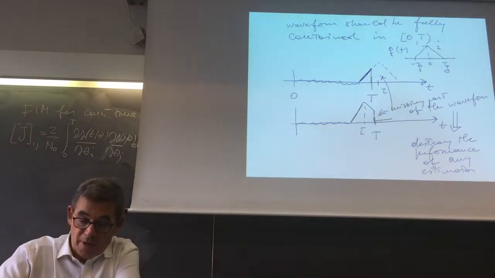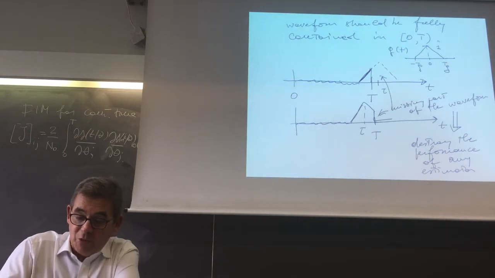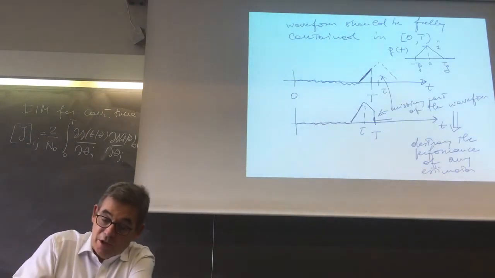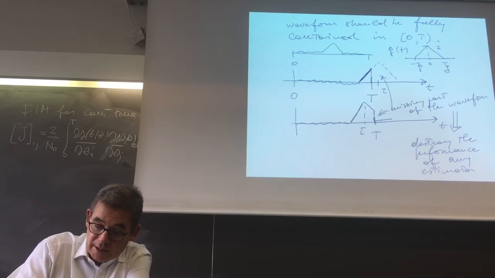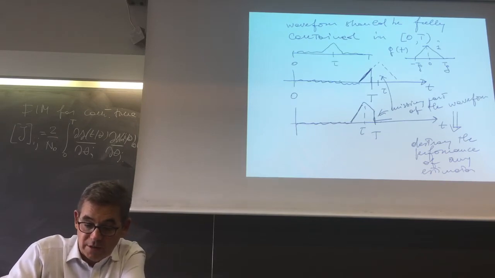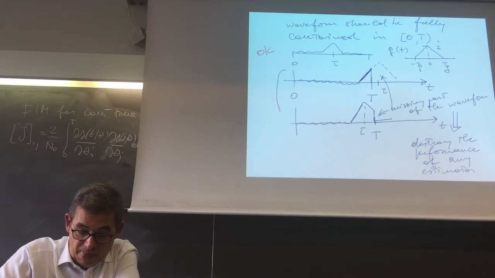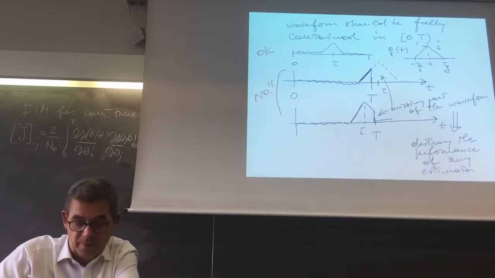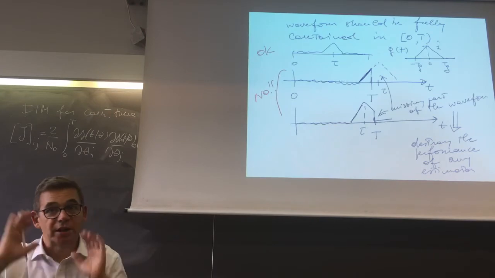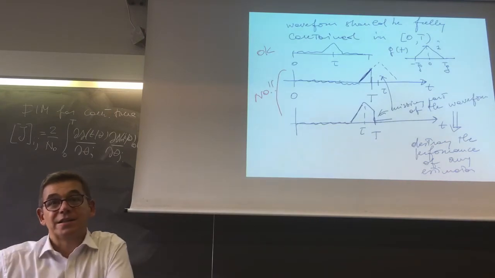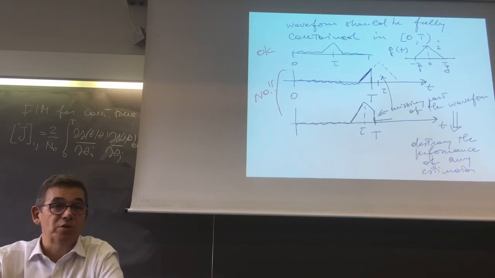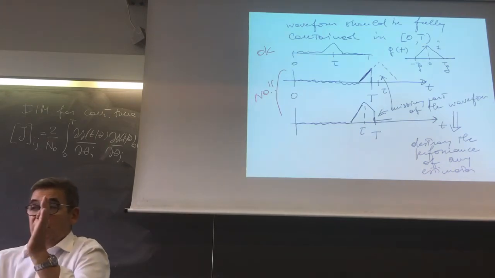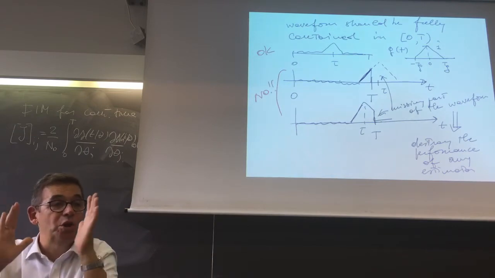This is the reason why the waveform should be fully contained. Is it clear? So that you can visualize what is a good experiment and what is a bad experiment. In practice, what you do is just shift the observation window such that you fully contain the waveform.